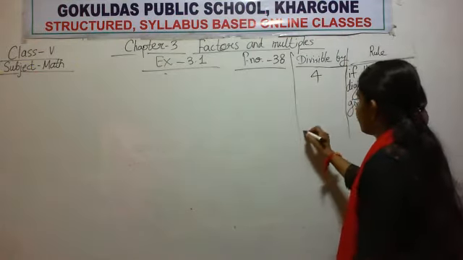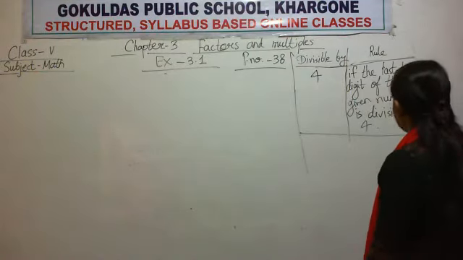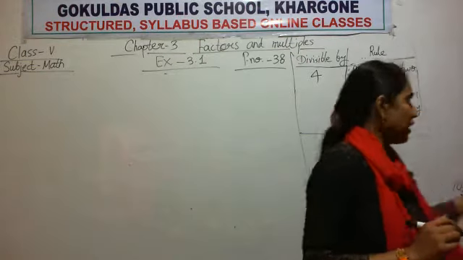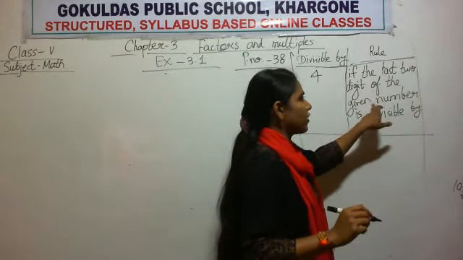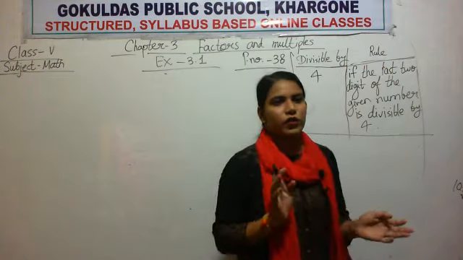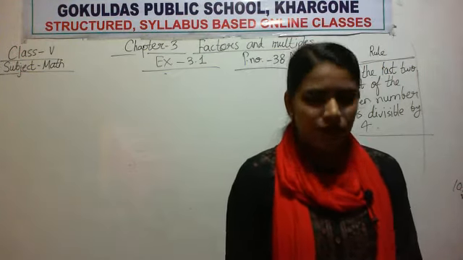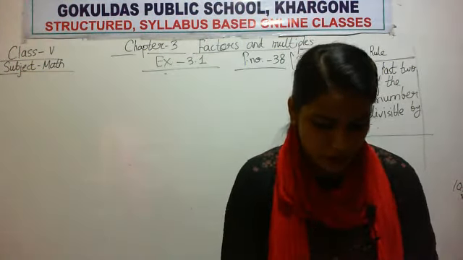So it is the divisibility rule for 4, right? If the last two digits of the given number are divisible by 4, then you can conclude that yes, your given number is divisible by 4.